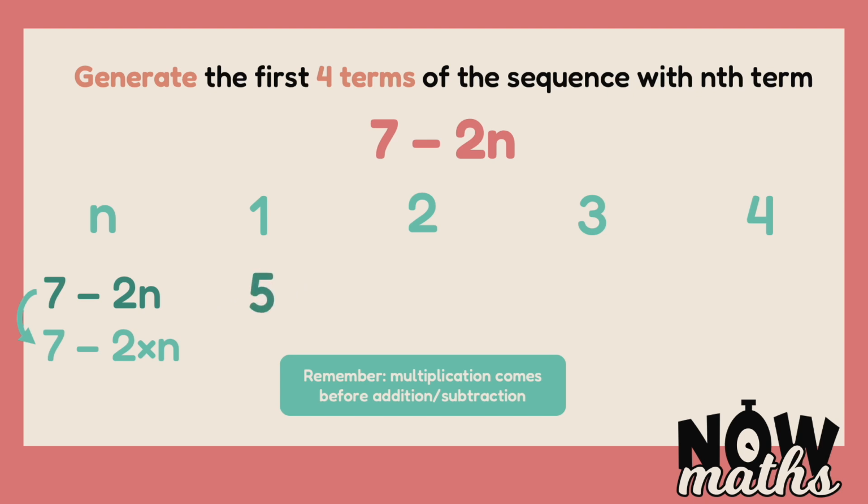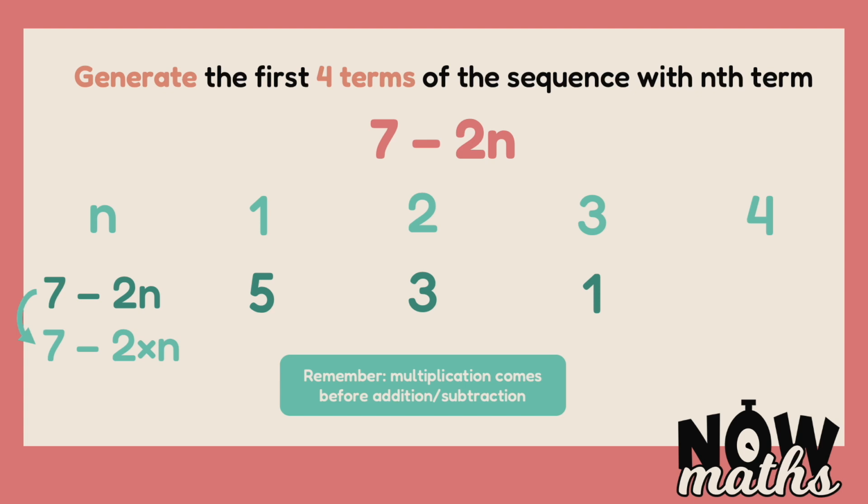Now when n is 2, we're going to have 7 subtract 2 multiplied by 2. 2 multiplied by 2 is 4, and 7 subtract 4 is 3. Now when n is 3, we're going to have 7 subtract 2 multiplied by 3, and 2 multiplied by 3 is 6, and 7 subtract 6 is 1.